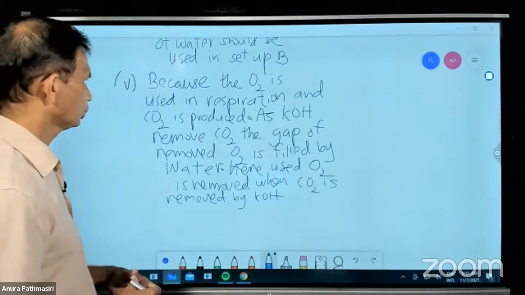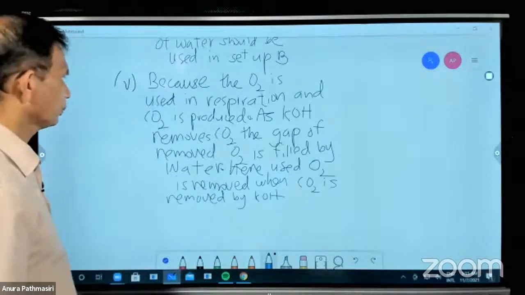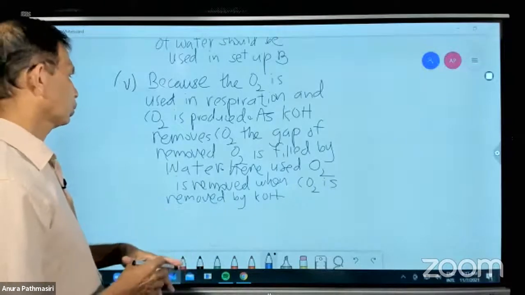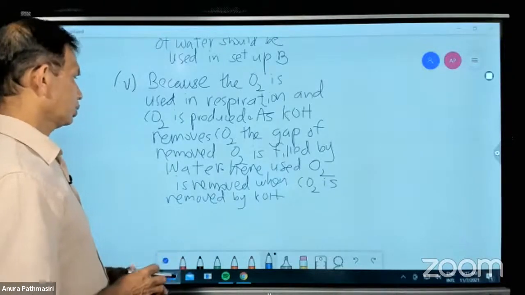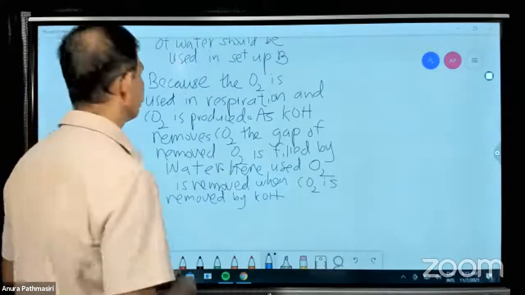As KOH removes CO2, the gap of removed O2 is filled by water. Here used O2 is removed when CO2 is removed by KOH solution. Okay.